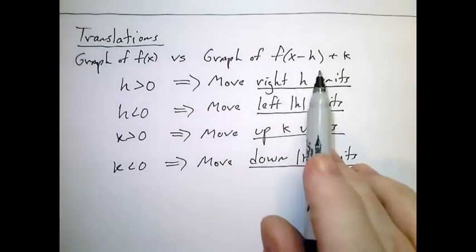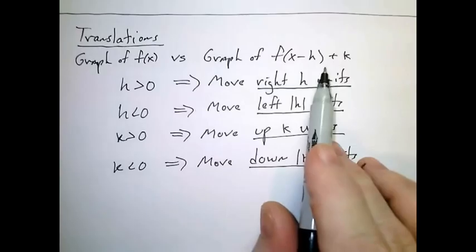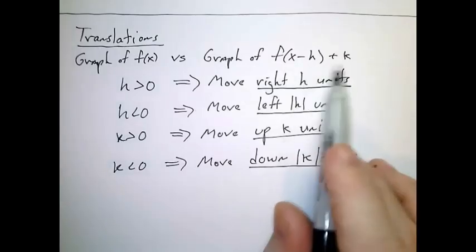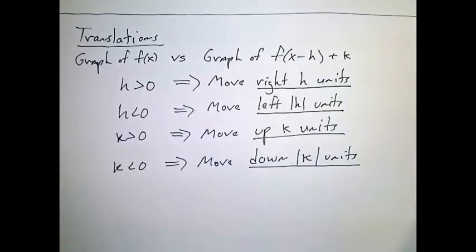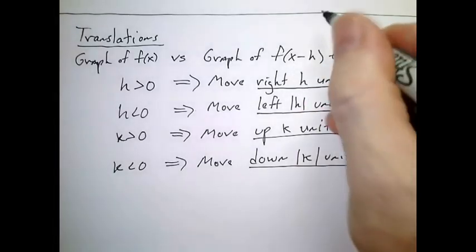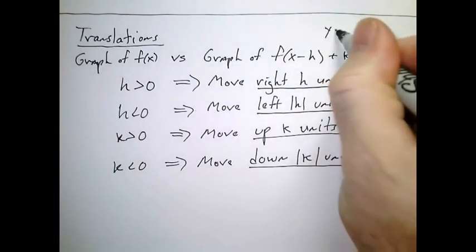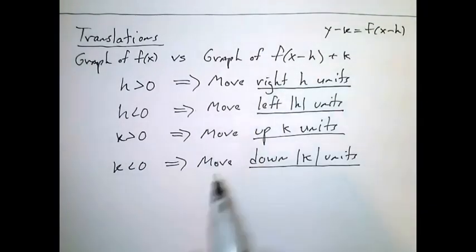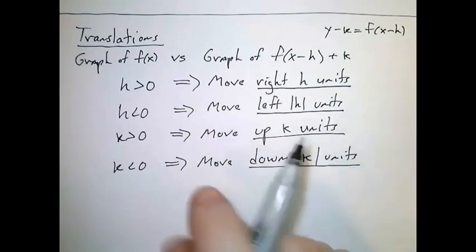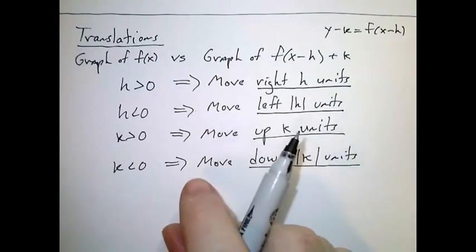So this gives us our graph of this new function y equals f of x minus h plus k from the graph of just y equals f of x. It looks like we're doing something different with our h's and k's here, but just as an aside, I could also write this as y minus k equals f of x minus h, and I'm actually doing the same thing to both variables.